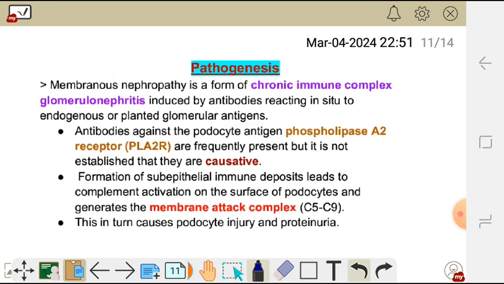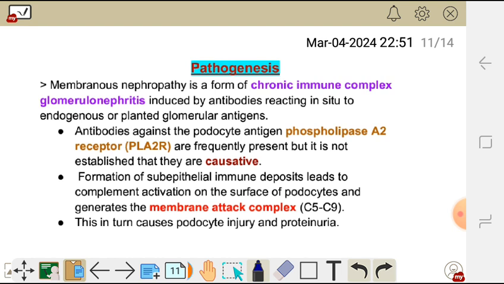So now let's move on to pathogenesis. We talk about how this disease takes place. Okay, so membranous nephropathy is a form of chronic immune complex glomerulonephritis. Okay, so it is a chronic condition which is induced by formation of immune complexes.